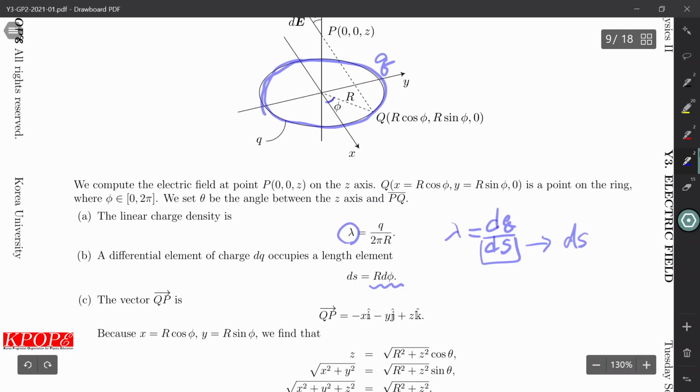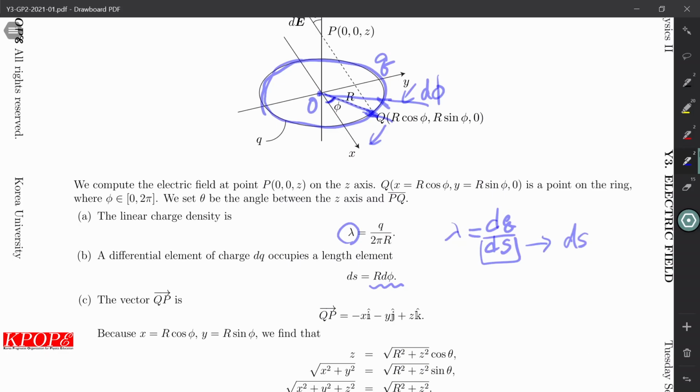This is the angle, radial angle about the center of the circle, and we consider a small line segment of angle d phi. Then the length of this line segment is r d phi, right?